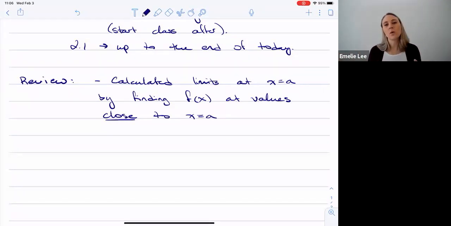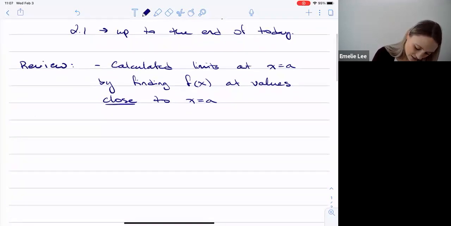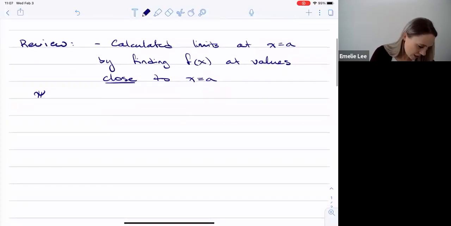That's one way that you can calculate limits, but it is really tedious, so we need some other methods. I'll say that's the end of our review, because plugging in values is not really going to come up as much today, so I'll leave it in the dust.